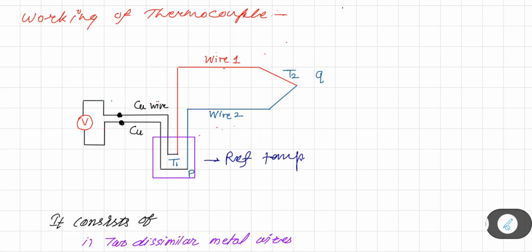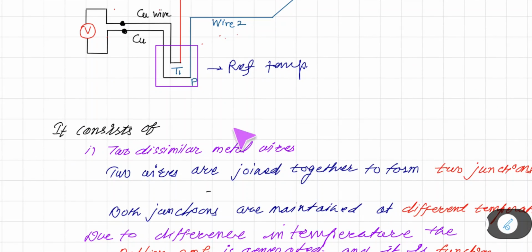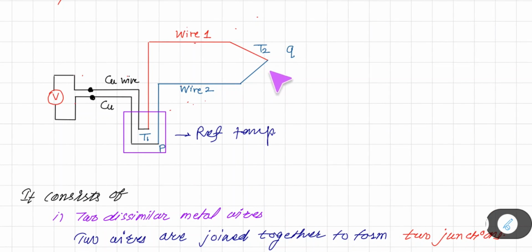So when we talk about a thermocouple, it consists of two dissimilar metals that we saw, A and B. Then two wires are joined together to form two junctions. As we saw here, this is junction 1, and if we connect this and this end, the second junction is formed.